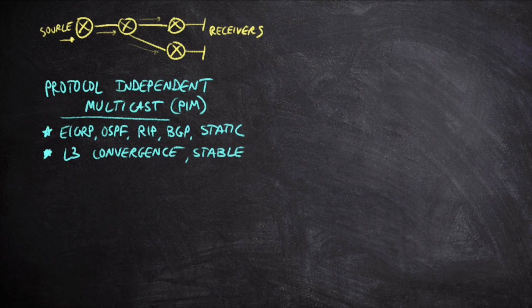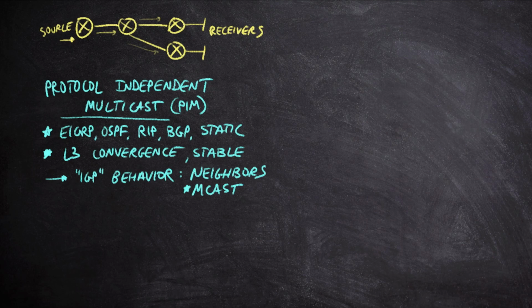Now, PIM actually behaves a little bit like an IGP. And the reason for that, this IGP behavior, and when I say IGP, I'm talking about these routing protocols, EIGRP, OSPF, and whatnot, is that it's going to form neighbor relationships, and it's going to do so via, well, multicast, which might seem a little chicken and egg from the perspective that I need PIM to use multicast, and yet here I am using multicast to form PIM relationships.